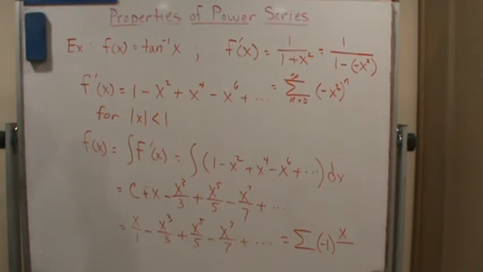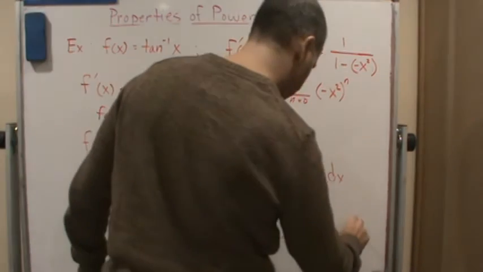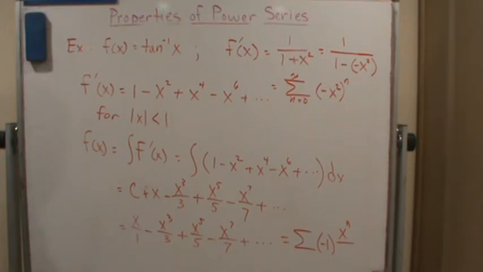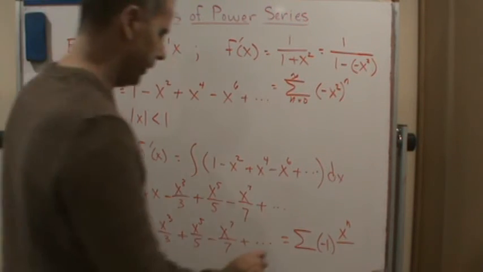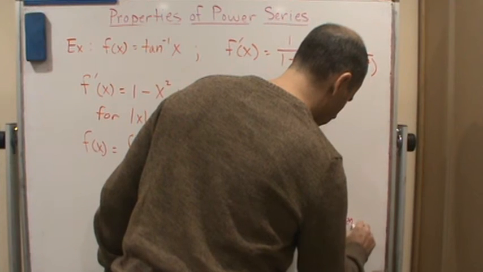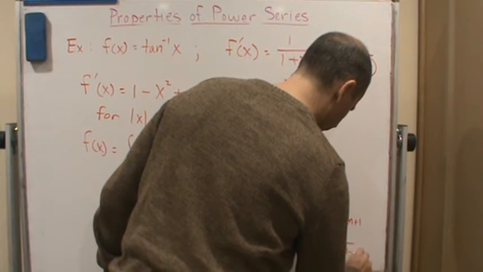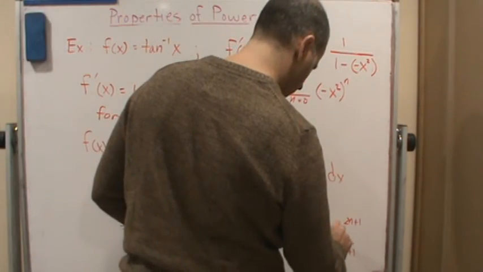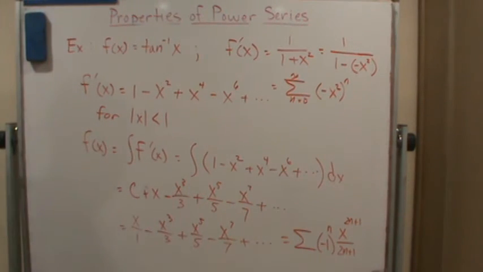This would be x to the 2n plus 1 over 2n plus 1, and then this would be negative 1 to the n, right?